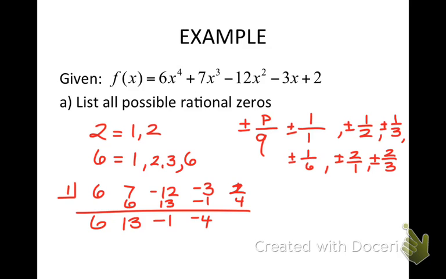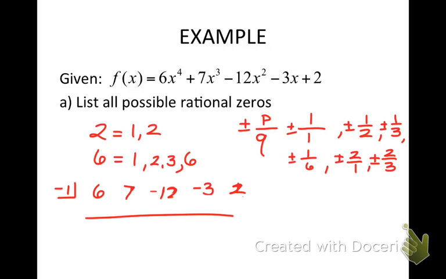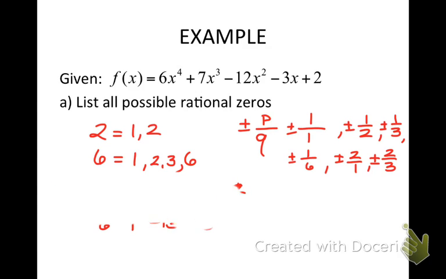No. What if I tried negative 1? Bringing down 6, negative 6, 1, negative 1, negative 13, 13, 10. Is that going to get me there? Nope. None of those work. Give me another one. 1/2? Yeah, 1/2.